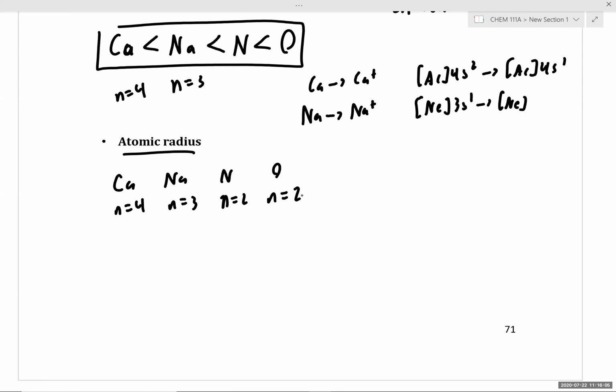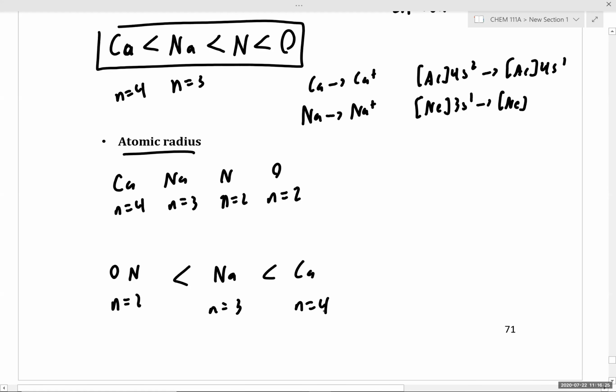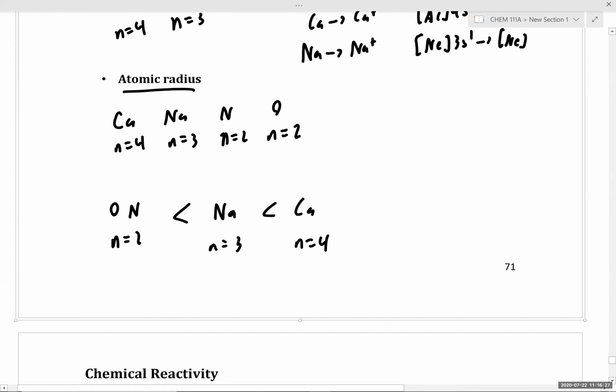Okay, so let's discuss this example. First and foremost, we sort based on increasing n. Oxygen and nitrogen are n equals 2. Sodium is n equals 3. Calcium is n equals 4.